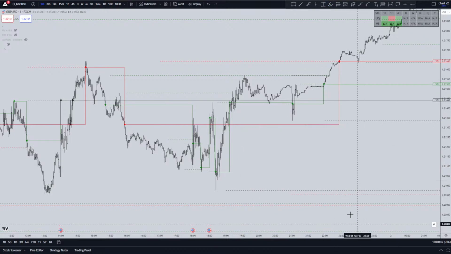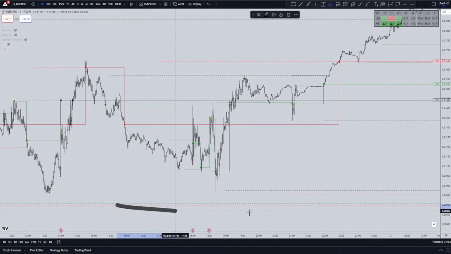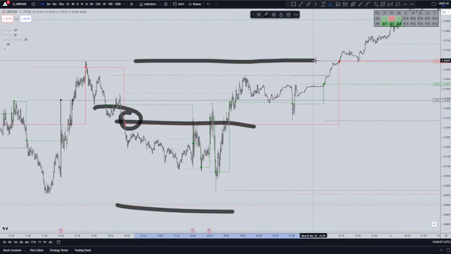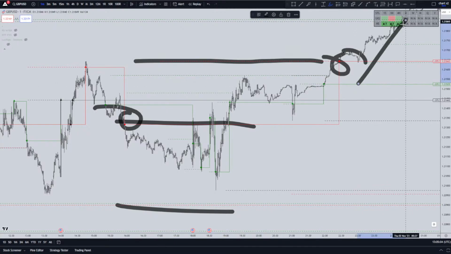Simple. That's the simplicity. Like here's the completely same thing. It respected this 4-hour structure, did the failed breakout to the short side. Where is it going to go? Wherever the liquidity is on the top side. Bang. Took out, retested, and off you go.